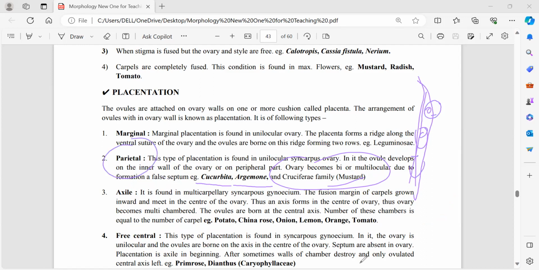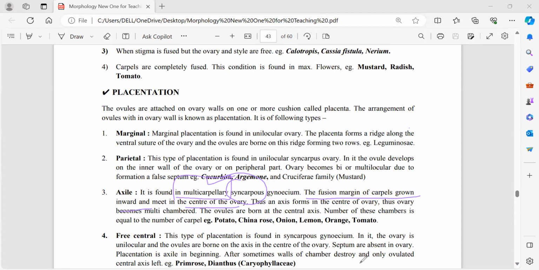Now we have axial placentation. From the literal meaning itself, axial placentation is clear: the ovary is multicarpellary, that is, there are so many carpels, and the carpels are fused. Multicarpellary syncarpous. The fusion margin of the carpel grows inward and meets in the center of the ovary.